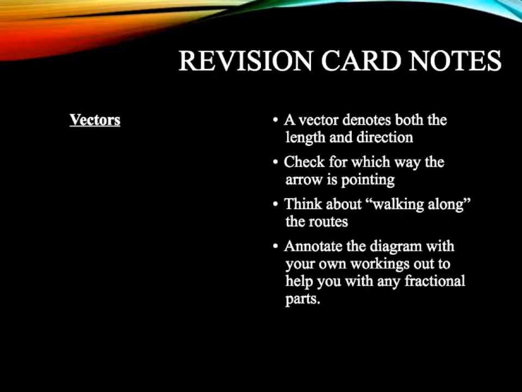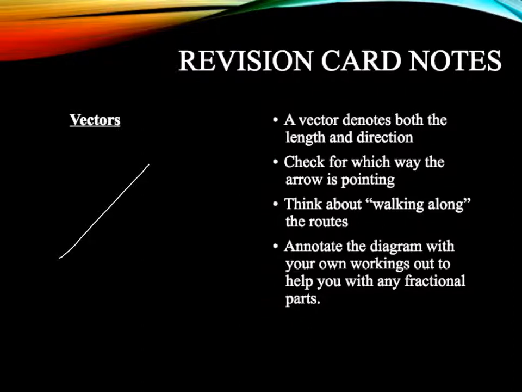Okay. So as ever, when we're doing revision card notes at the end of the video, it's worthwhile making a note of some of these things. So a vector is all about the length and direction from one place to another. These are all straight lines as well, by the way. Check for which way the arrow's pointing. Think about walking along these routes if there's different ways of doing it, and annotate your diagram with bits of information.